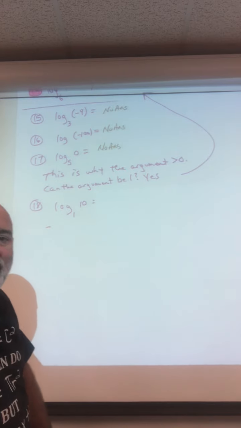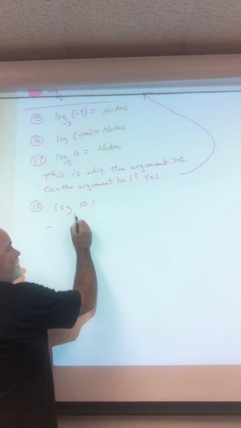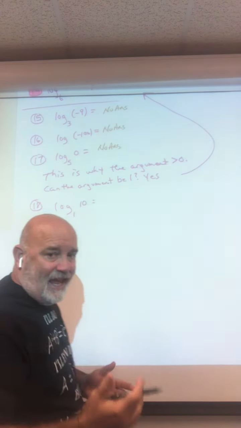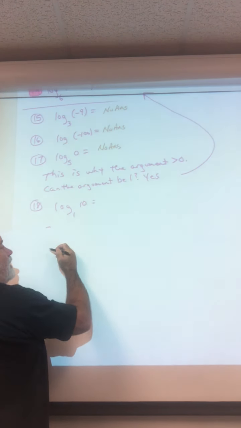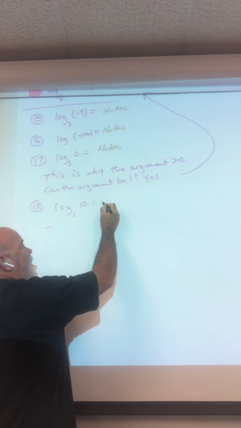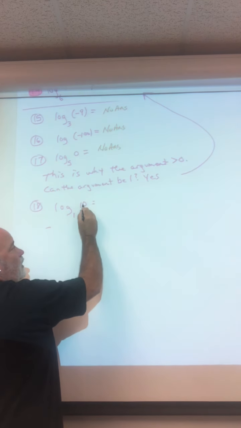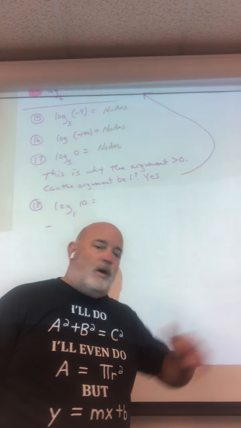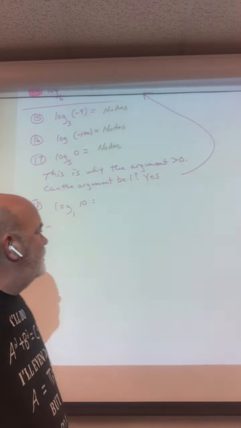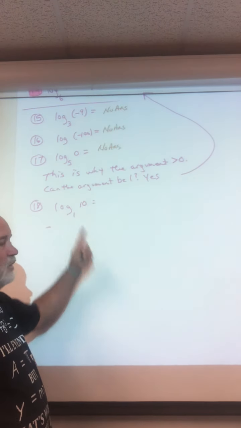I'm just going to show you why it can't be 1. If I let the base be 1, which I can't do, try to work this problem. What power would you have to raise 1 to get 10? You can't, because if you do a power of 1, it stays 1 the whole time. So that's why this is what it is.